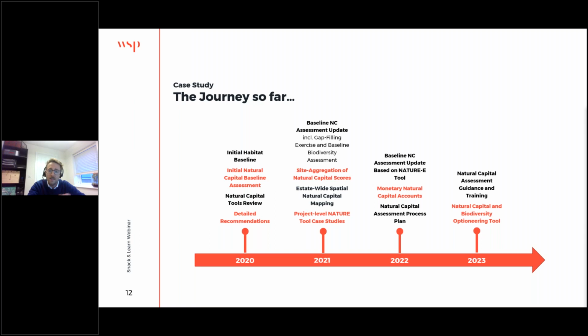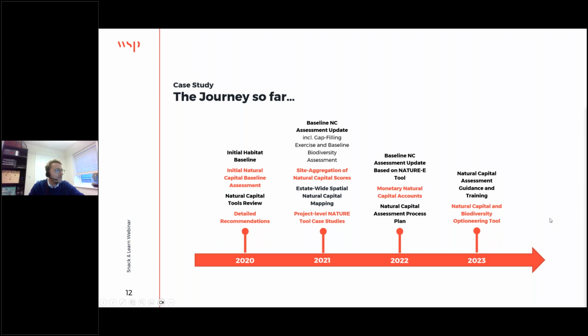So we started engaging with the client back in 2020. And here's a bit of a time series of the different assessment steps and contributions we provided.